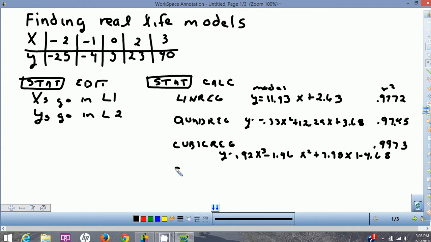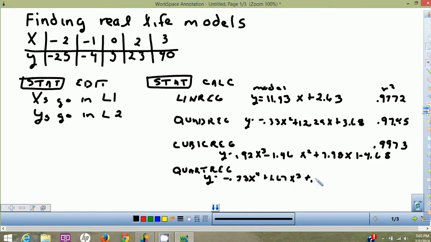And then finally, I'm going to do quartic regression. And it gives me a model of y equals -0.33x to the 4th plus 1.67x cubed plus 0.33x squared plus 5.33x plus 3, and an r squared value of 1.